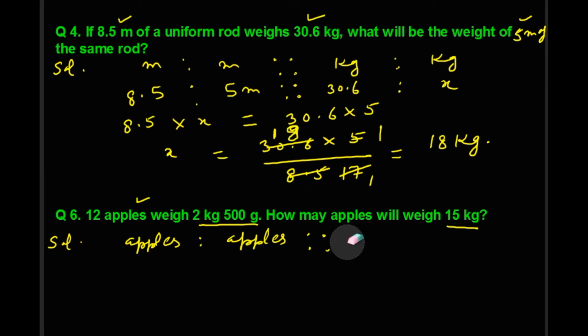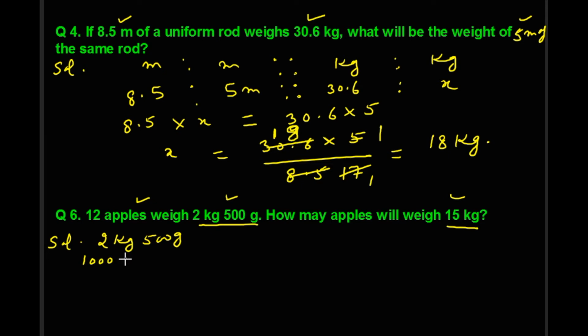Here you have to keep one thing in mind. Weight is given here in kilograms and here in grams. So first we will convert 2 kg 500 grams into kilograms to make uniformity of the units.